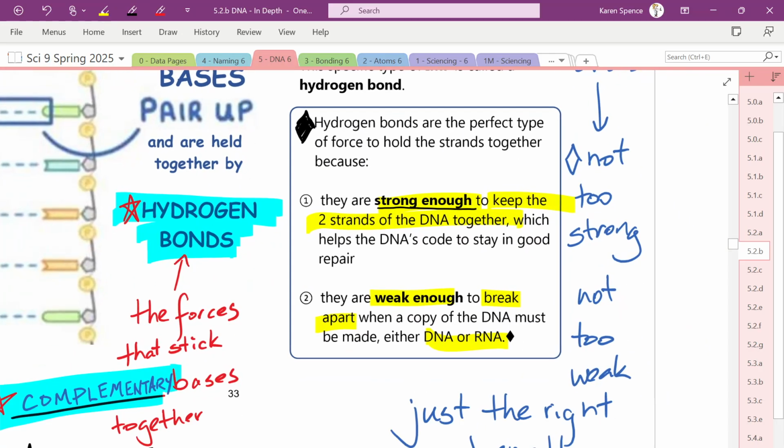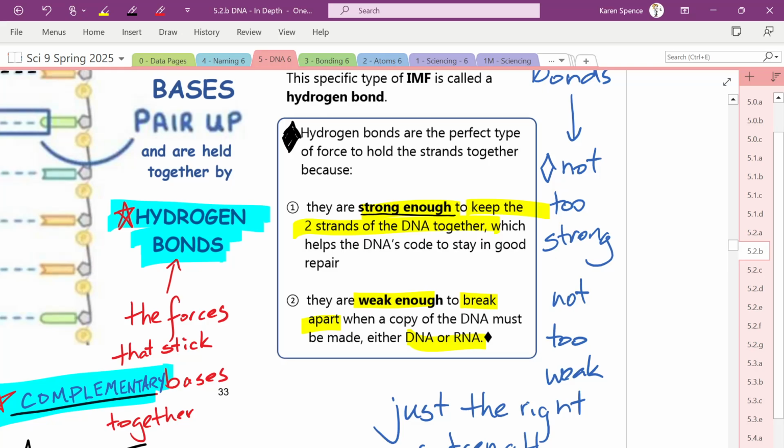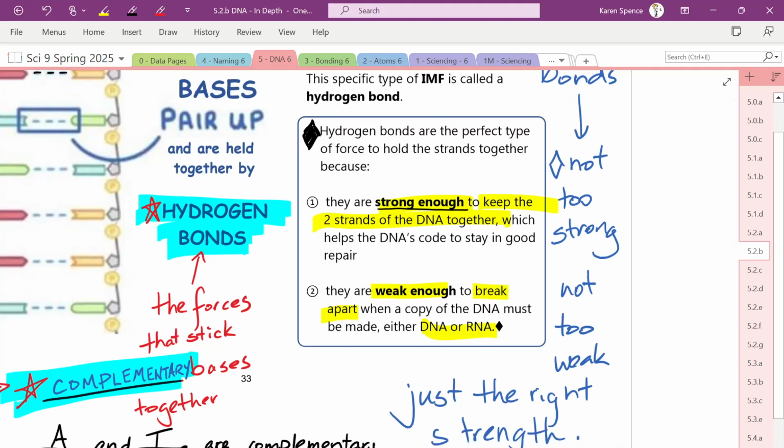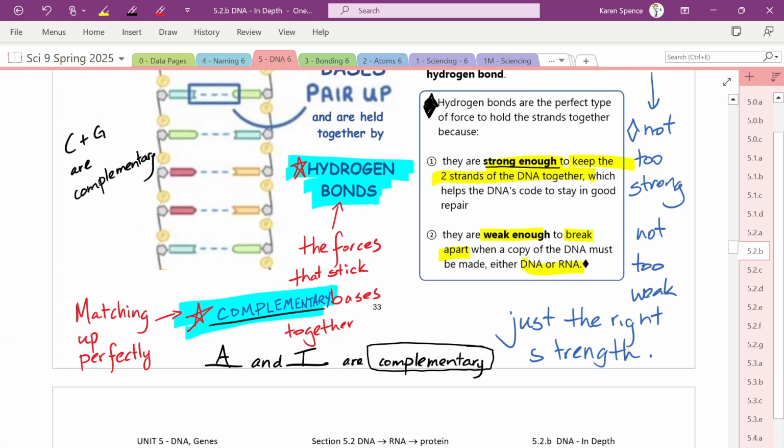Okay? And we're going to leave it there for today, other than we're going to introduce one more new word, and that word is complementary. Complementary means matching up perfectly. So somebody might say to you, oh, that shirt really complements your eyes.